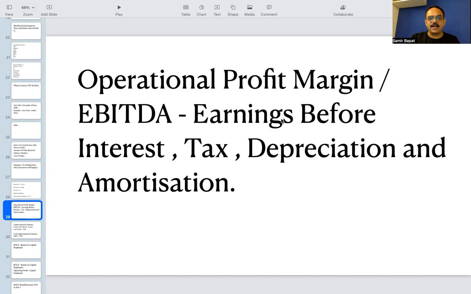EBITDA expands to earnings before interest, tax, depreciation, and amortization. Once you earn that profit, you have to pay interest to the bank on the loan you have taken, and you have to pay income tax.